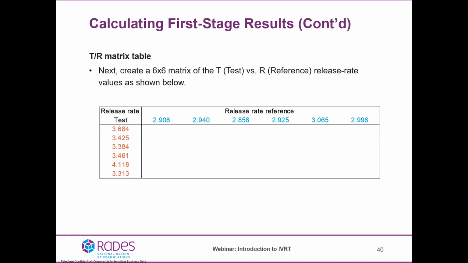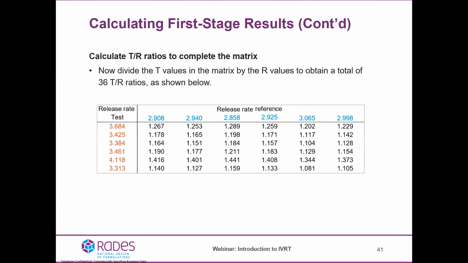And the next step is to build a 6x6 matrix and to calculate the ratio of the release rates, giving 36 results. So, for example, for the first cells you have 3.684 divided by 2.908 results in 1.267 and so on. So the 36 ratios.